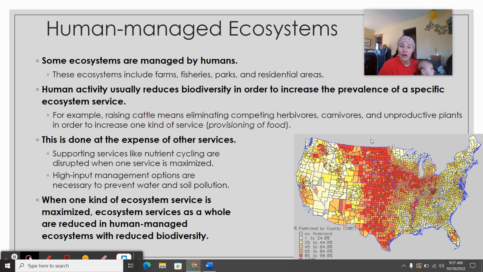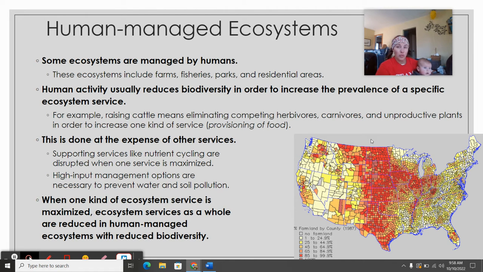When we raise cattle as well, we typically eliminate competing herbivores, carnivores, unproductive plants. Those are plants that the cattle really don't eat, in order to get one ecosystem service. That is provisioning of food. So making cattle and getting food for people.